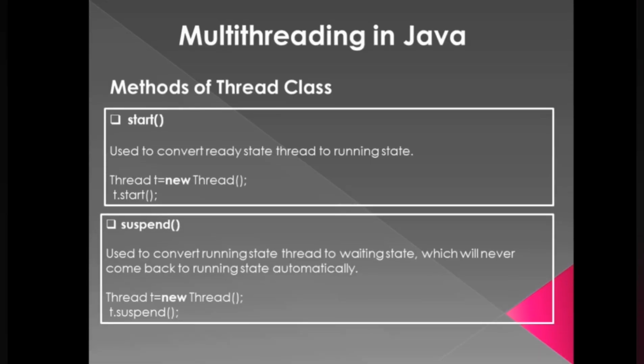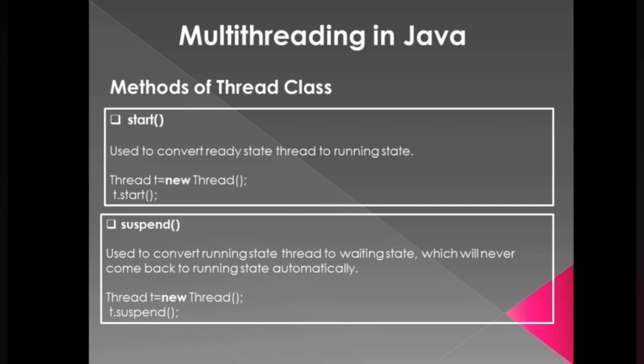Next one we have the start method, used to convert a ready state thread to running state. Here we have Thread t = new Thread(); t.start(). Next, the suspend method is used to convert a running state thread to waiting state, which will never come back to running state automatically.